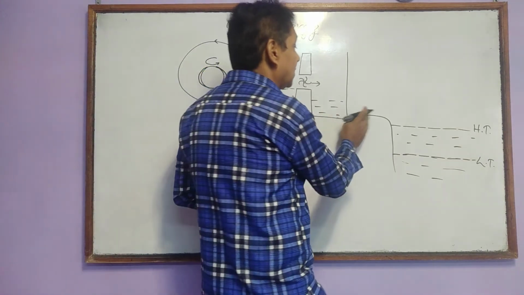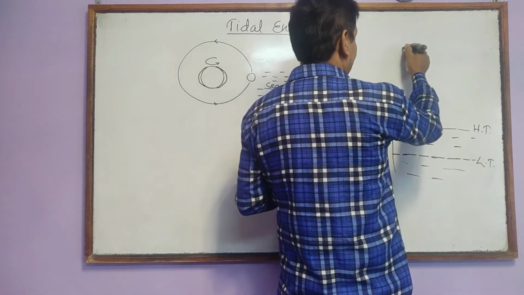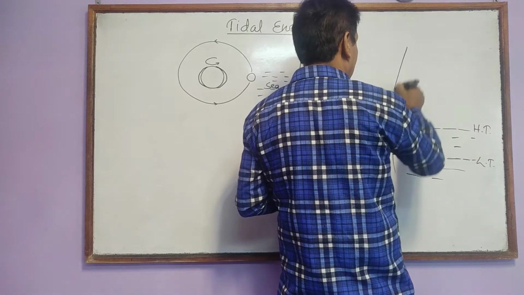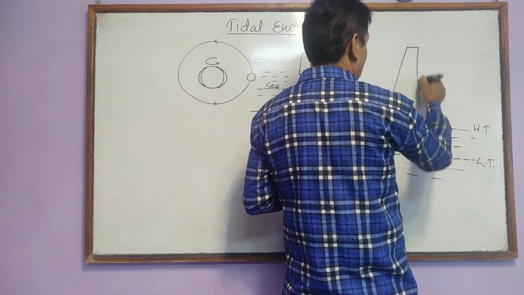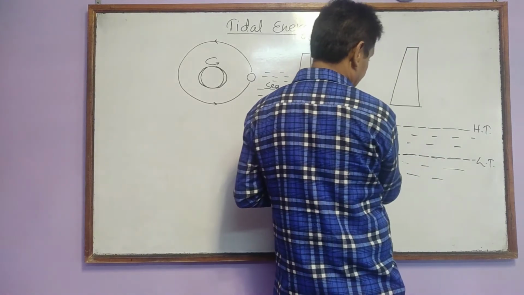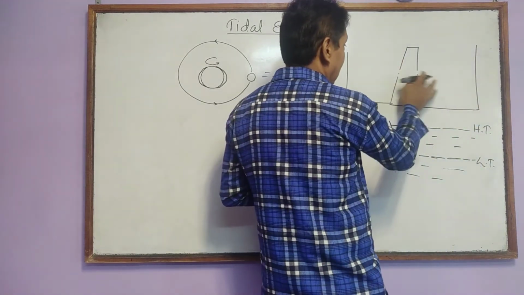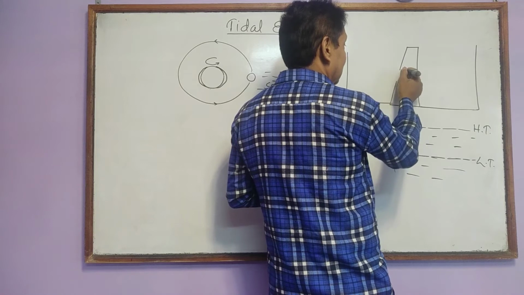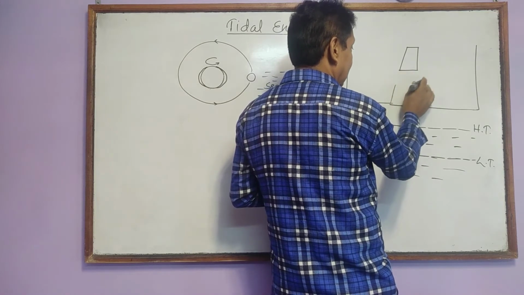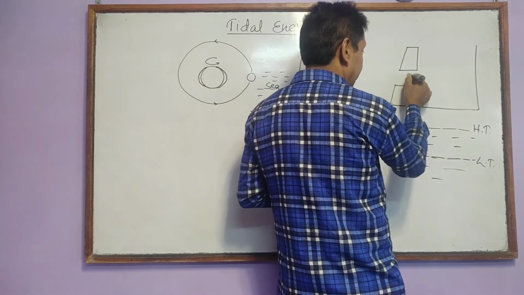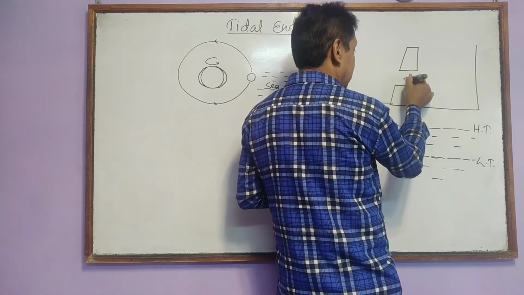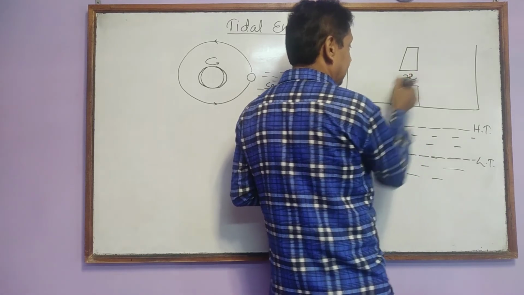But during low tide, look at this again. I'm making another diagram in the same way, same process, but a little different. What is the difference? Here we have this turbine. Turbine is at this place.